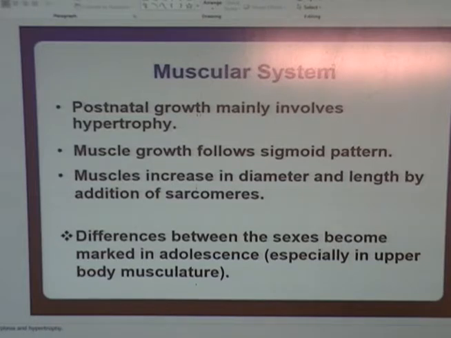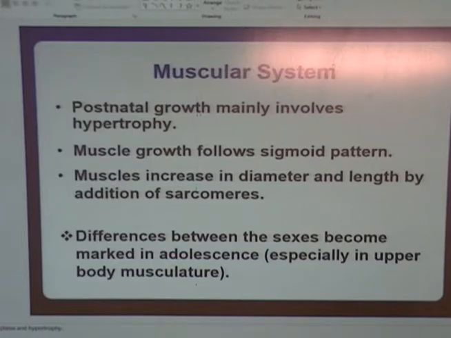They've got about the same amount of muscle before puberty, and then with the release of those sex hormones, everything changes. All right? So we get a very dramatic difference during puberty and after puberty and adolescence in strength between boys and girls.